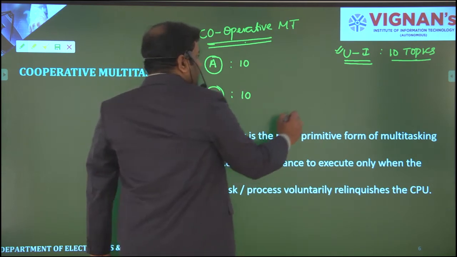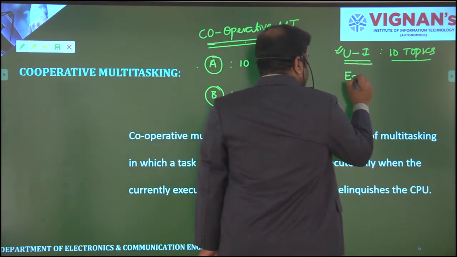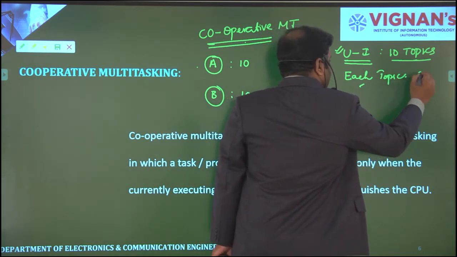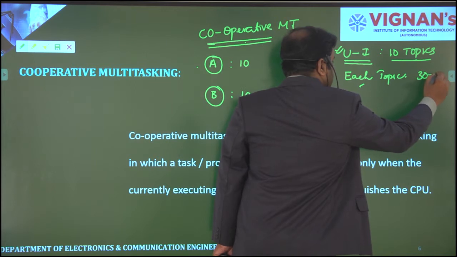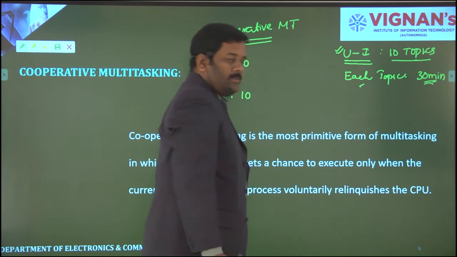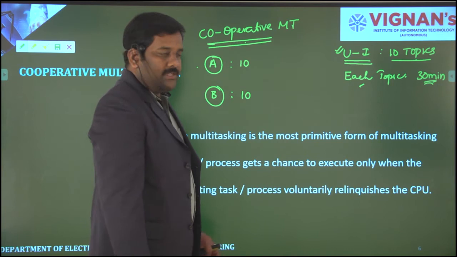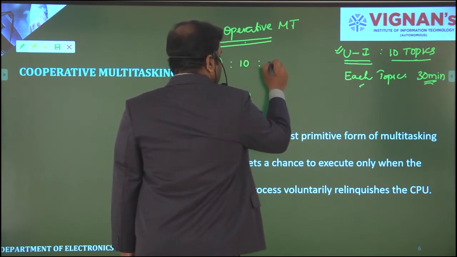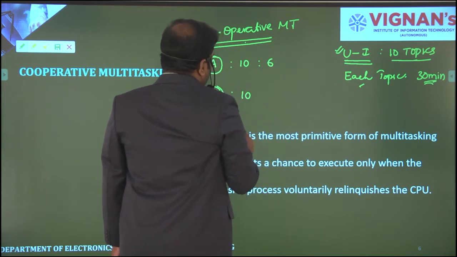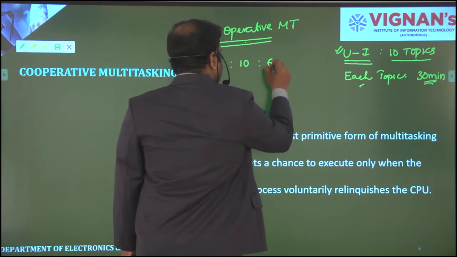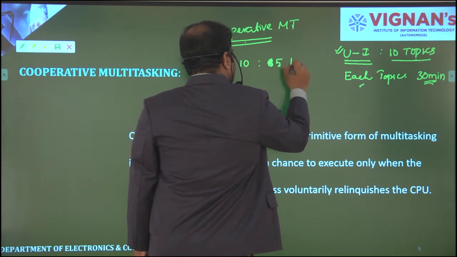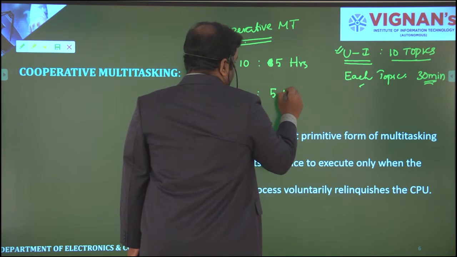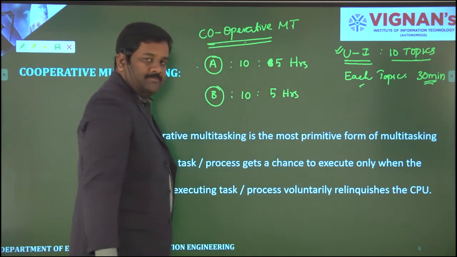For example, each topic will take 30 minutes to finish. So 10 topics, 10 into 30, 300 minutes. That's nothing but 6 hours. Sorry, 5 hours. So it will take 5 hours, and he also will take 5 hours.